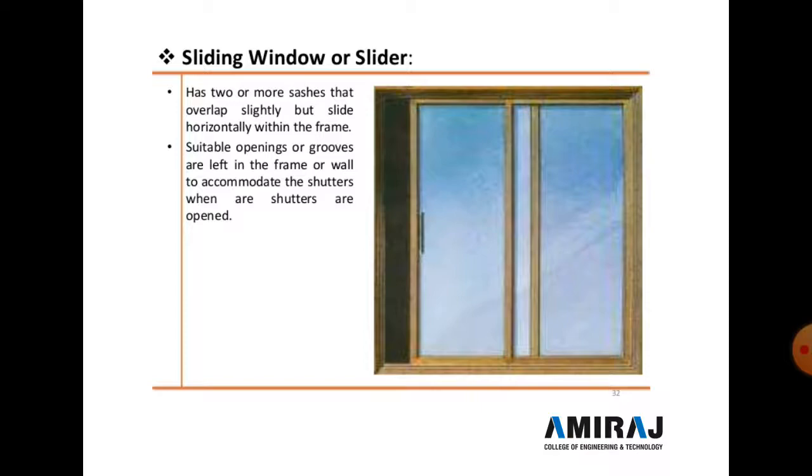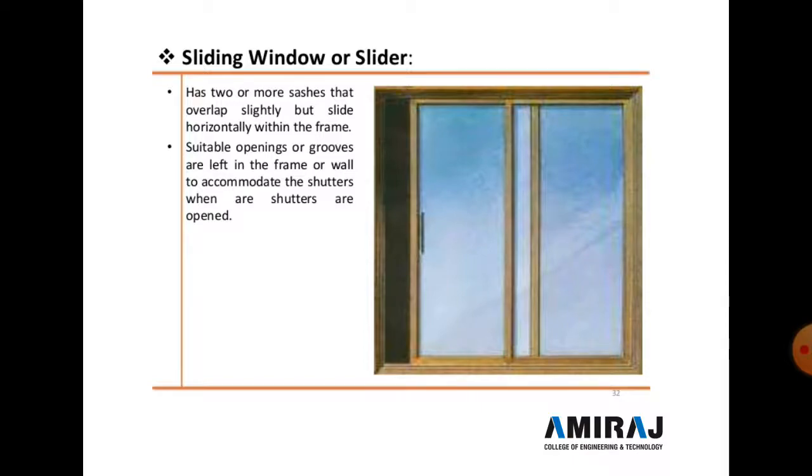So out of three, we get two window openings, and if four window shutters are there, we get only three window openings, and a single window is always closed because of the overlapping of the window shutters. Suitable opening or a groove is left in the framework to accommodate the shutter when the shutters are open.